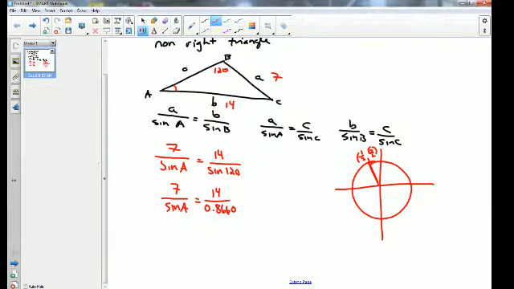Okay, so cross multiply. You can shortcut it if you're fast. You can multiply and divide if you want. Would taking 14 and dividing it by 0.866 not work?